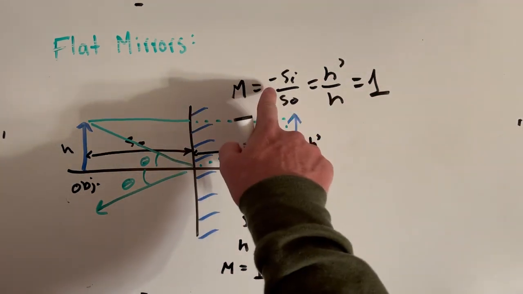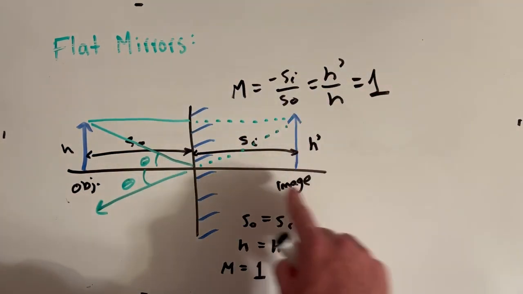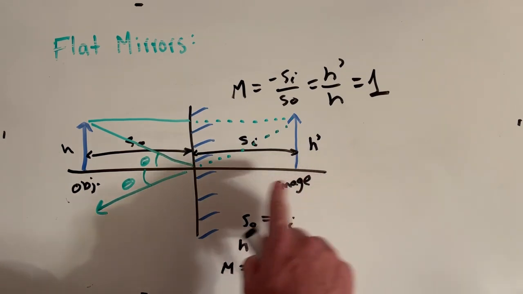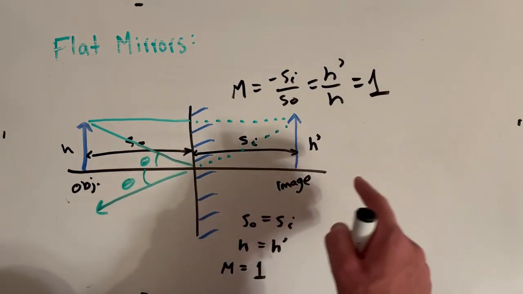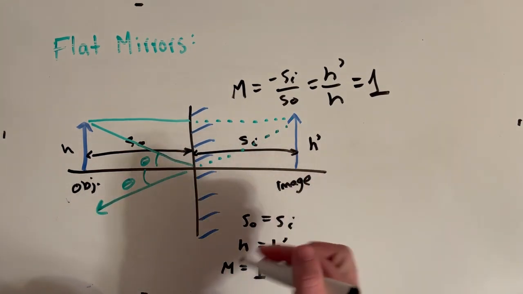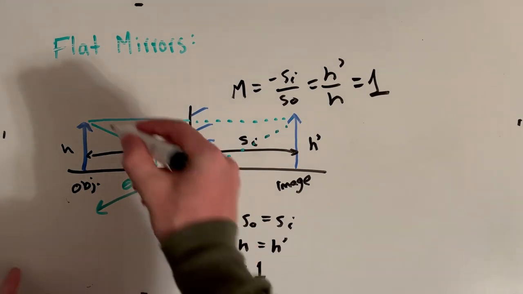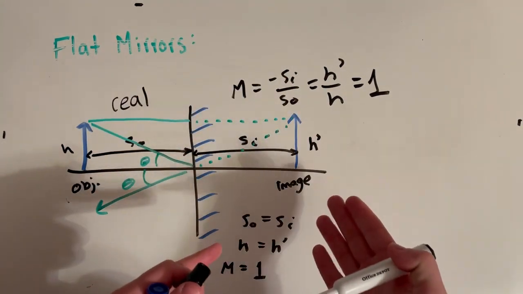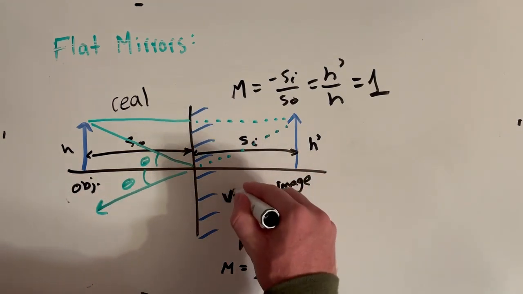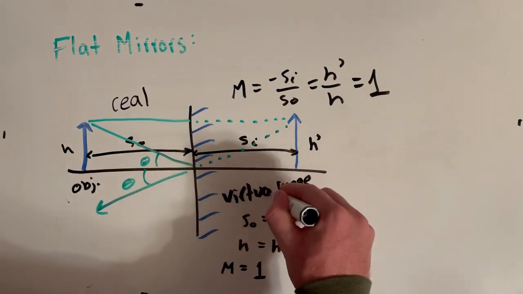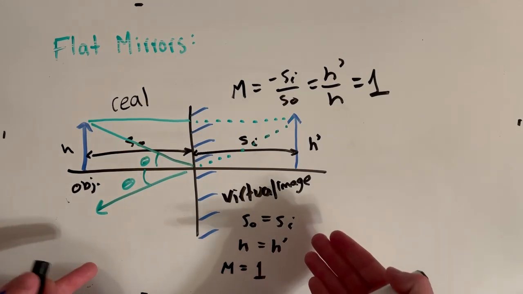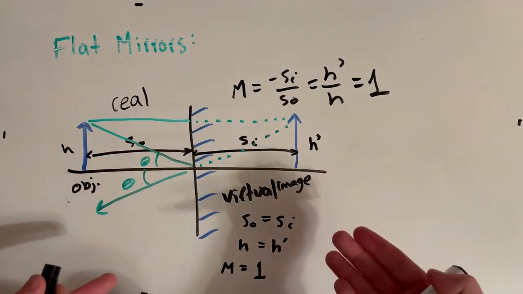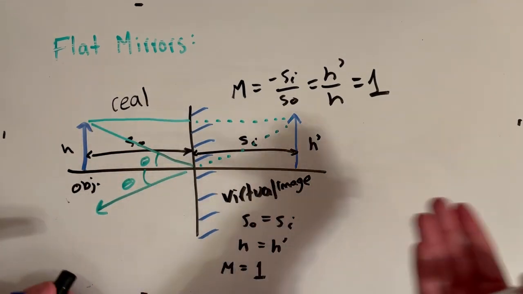Now, the reason this negative gets canceled out is because the SI is on the virtual side. When we look at a flat mirror, the side that the object is on, we're going to call the real side. And the side where the image is, we're going to call the virtual side. This is something to keep in mind when describing the characteristics of an image formed from a mirror.